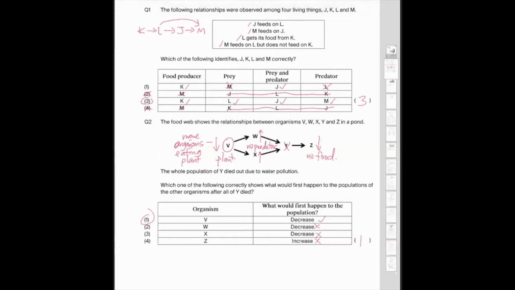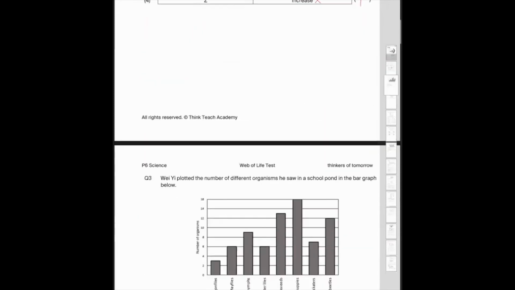Okay, then for question 3, we go on to check whether each of the statements are correct. To check whether they are insect populations, you see whether the dragonfly has any other young. So dragonfly, no, this is 1.